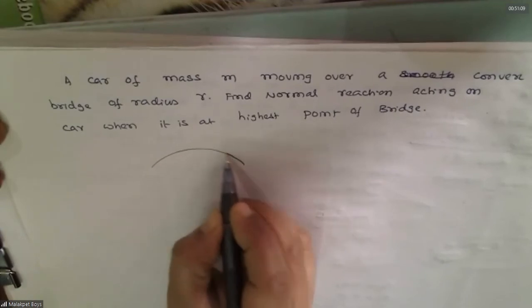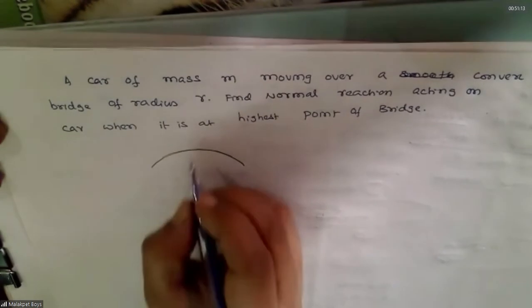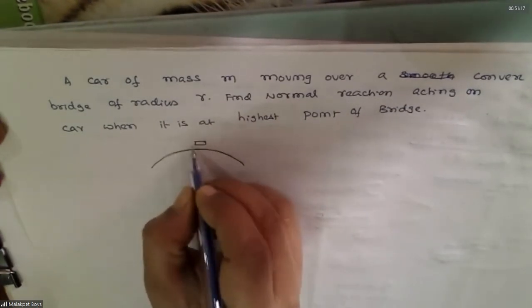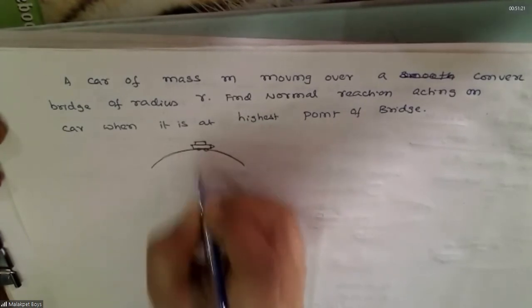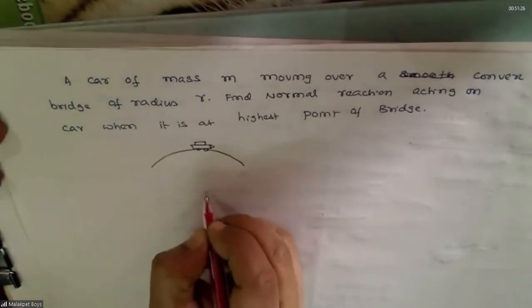See, this is the convex bridge now. The car is at the highest point here. He is asking, see here, the center of curvature will be this side.